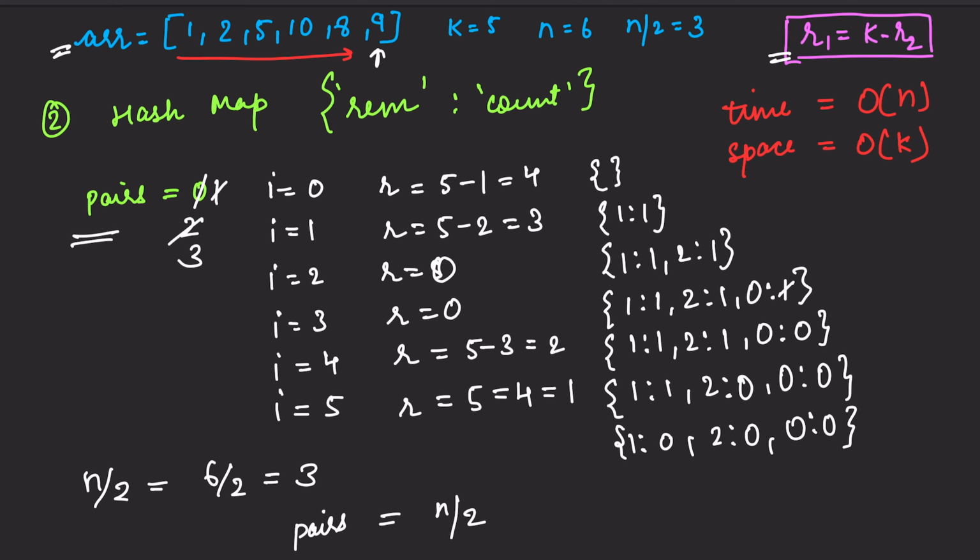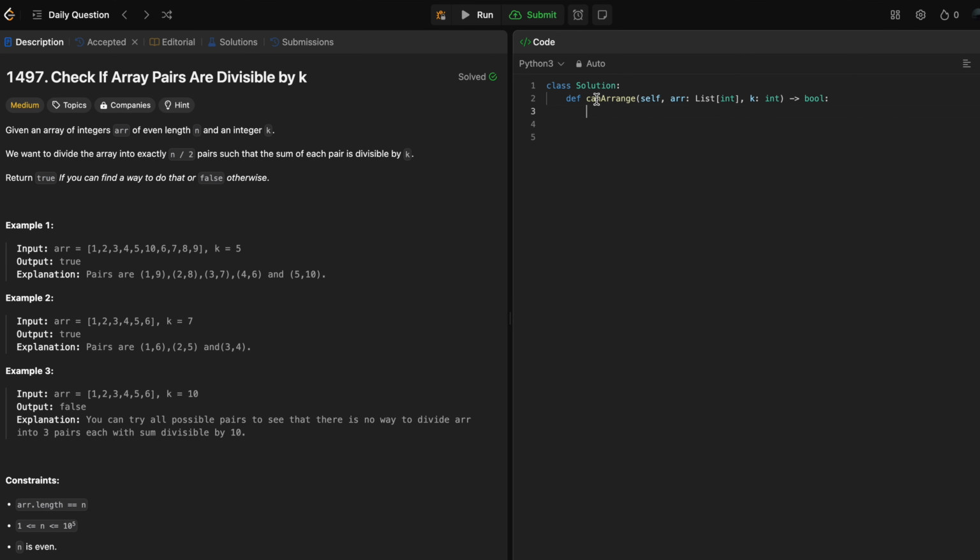Now let's code it up. Now let's start with the first approach. So we start with the first step, which is to initialize the count array. So count array will be equal to 0 of k elements because we'll have k remainders.